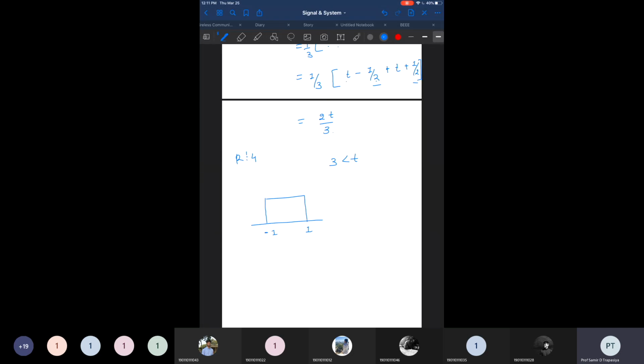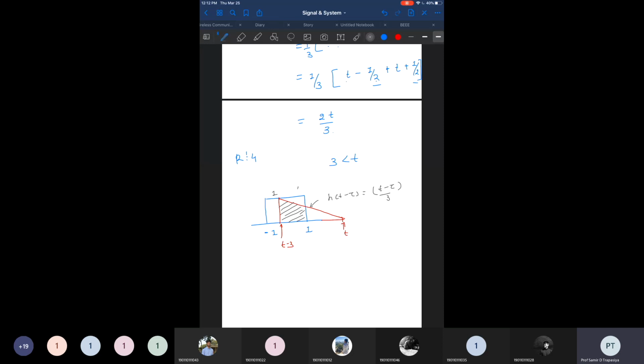Then this one has already entered, and this is already out of this one. So this is the point t, this is the point t minus 3, and the shaded region is this region, which is bounded by these two values, t minus 3 and 1. So this is our function h of t minus tau, which is simply defined as (t minus tau) by 3, and this is 1. This is x of tau.